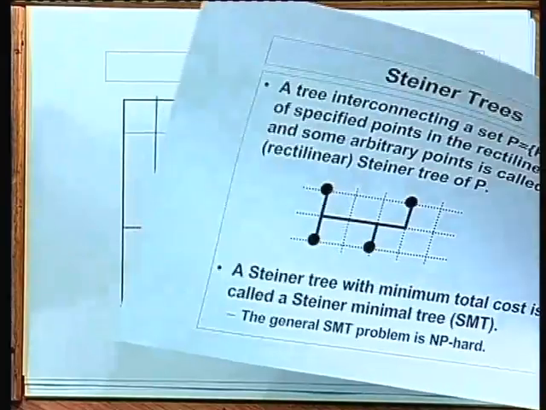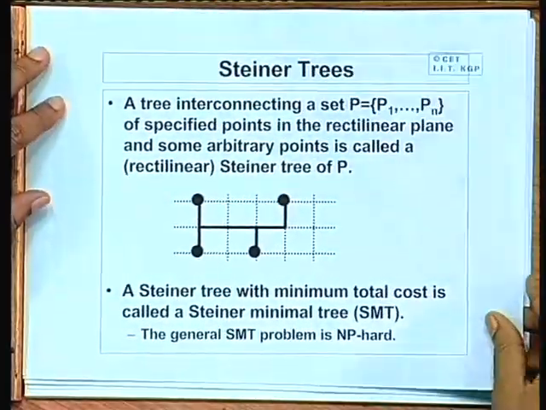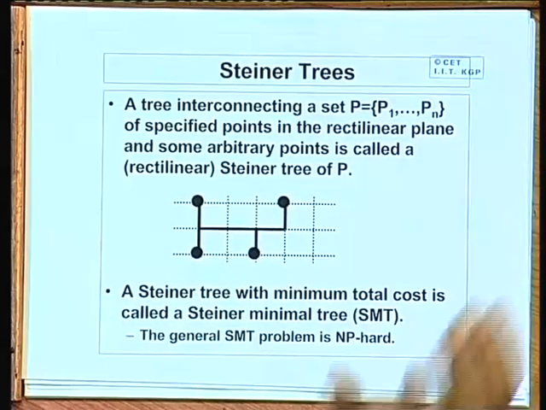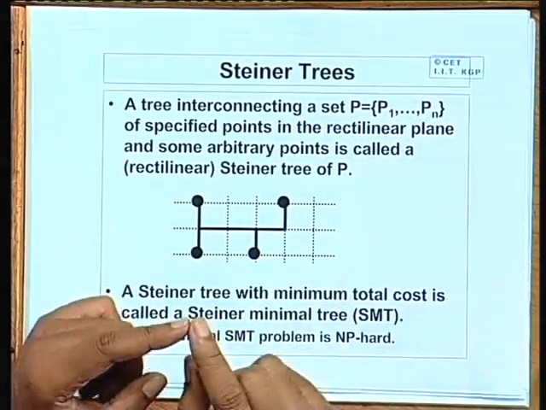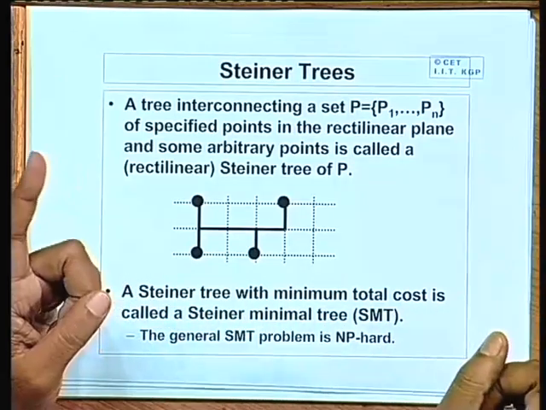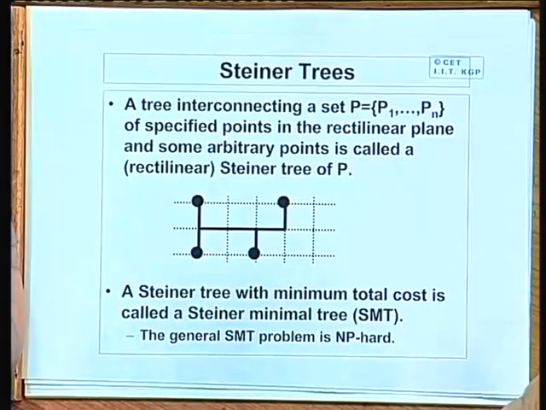Just to mention, there are a number of algorithms which specifically talk about Steiner trees, because ultimately when you lay out a net on a surface, it is a Steiner tree we are trying to draw.